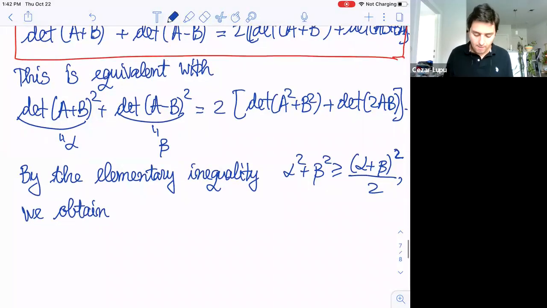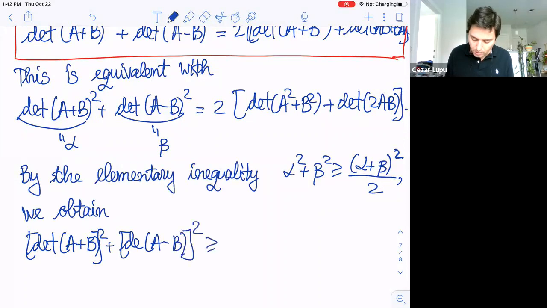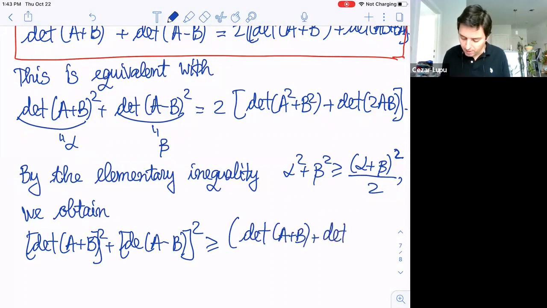that the determinant of (a plus b) squared plus the determinant of (a minus b) squared is greater or equal than the determinant of a plus b plus the determinant of a minus b, everything squared over 2.